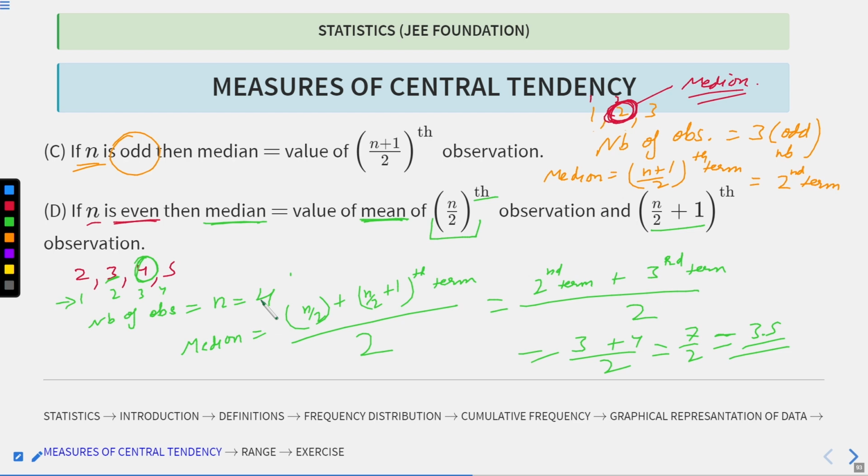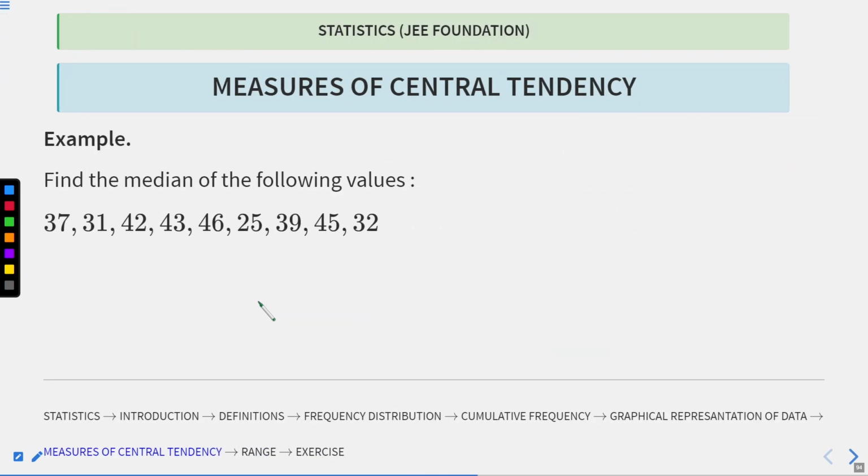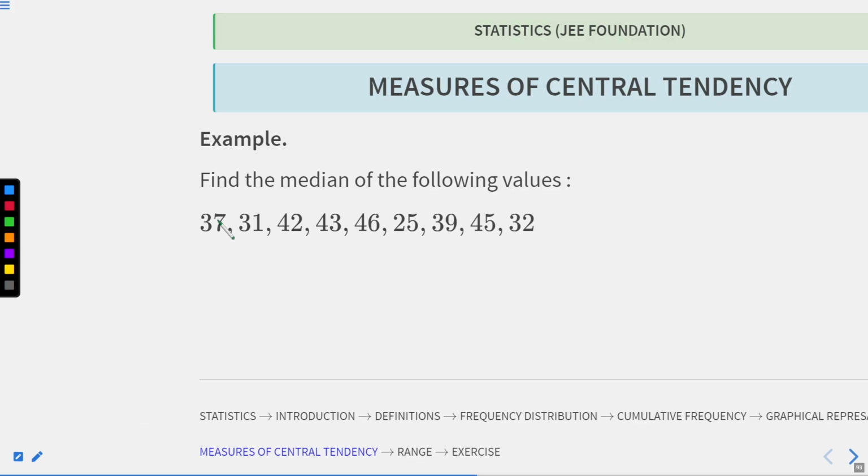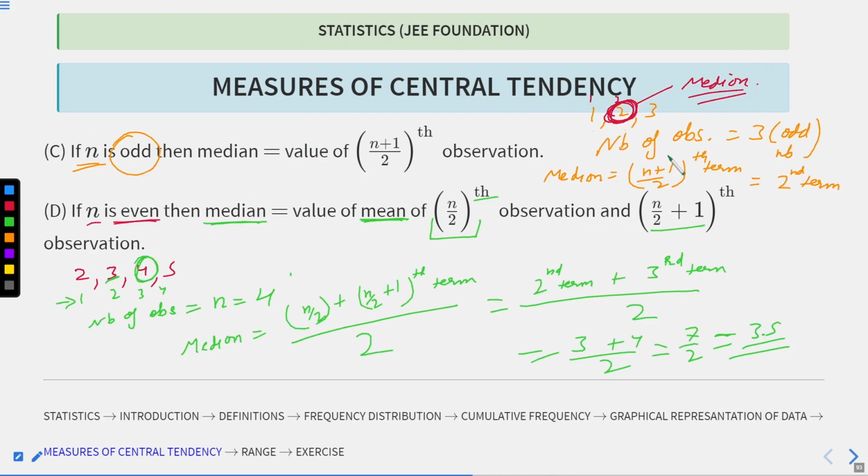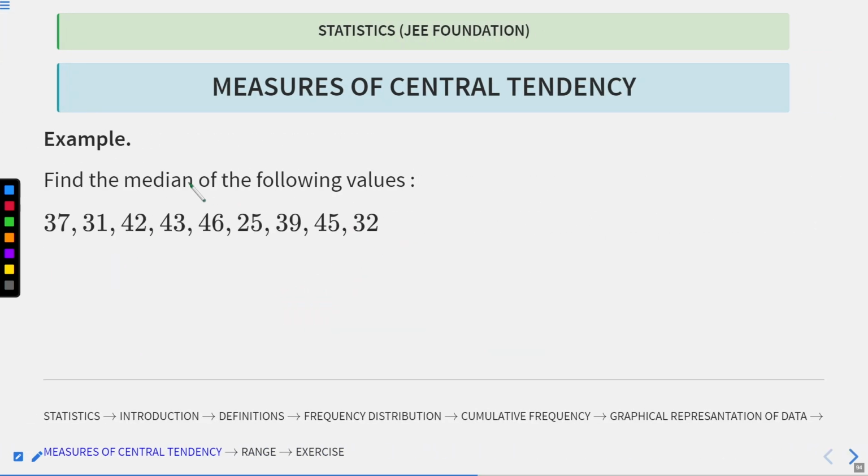Let's see more examples. In the previous example the data set was already in increasing order. Now let's move to the main example. First of all, just arrange the data in ascending order.